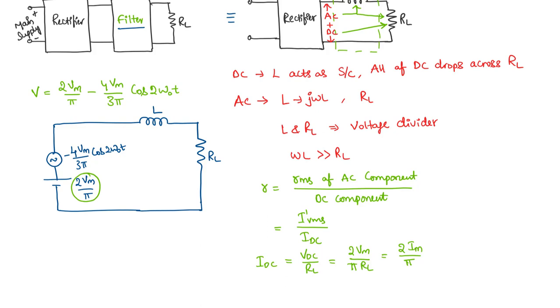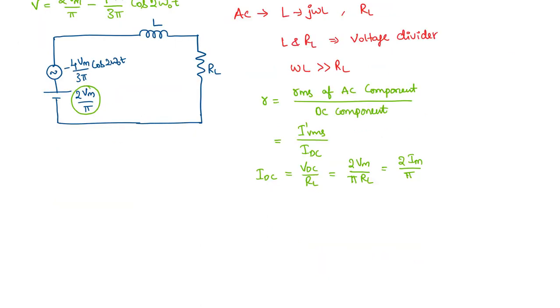Now all we need to find is I dash RMS, which means we need to find the AC component across the load resistor. The IAC component flowing through the circuit will be equal to VAC over the impedance seen by the AC source, which is XL plus RL, and this can be approximated to VAC over XL, because we assumed that omega L is much greater than RL.